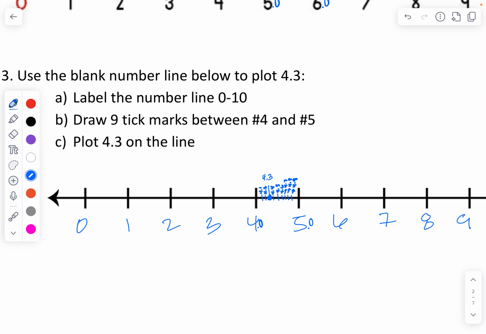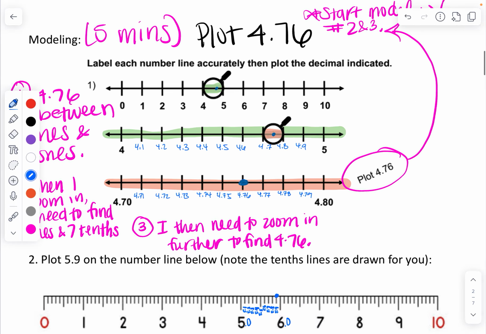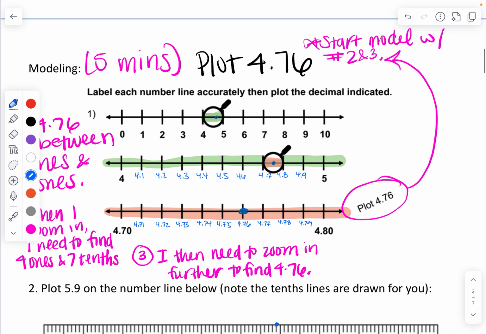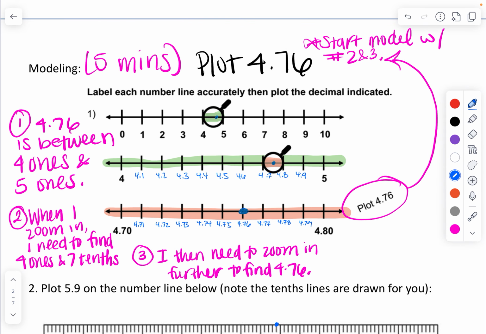So from there, now we're going to go back to question 1. And this question is going to be very important because it looks like the questions that students will be asked to do during their partner practice and on their exit ticket. So let's go ahead and jump in. So in this question, we are asked to plot 4 and 76/100ths.